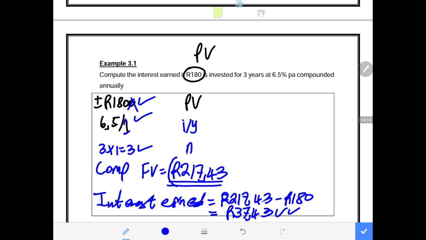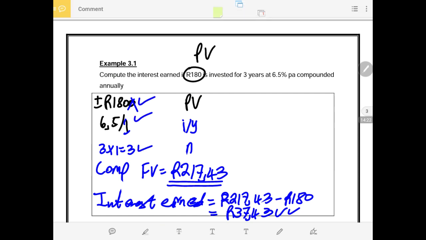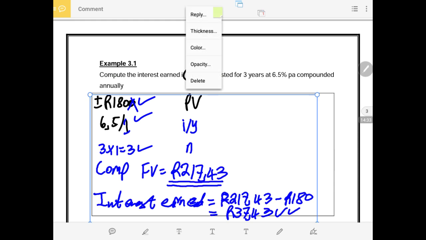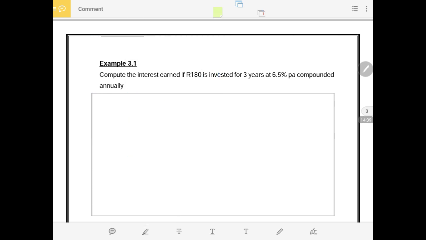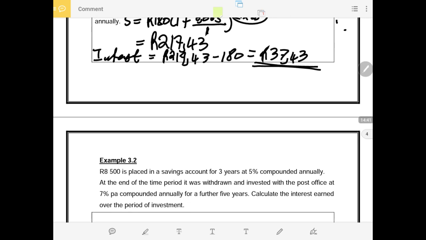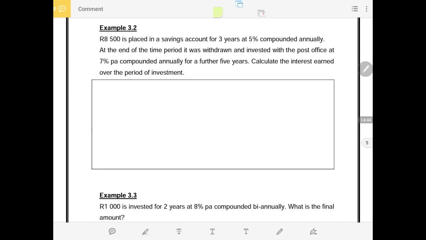So tell us how much will be in the account at the end of 3 years. Then the calculator will immediately tell us that the amount at the end of 3 years will be 217.43, and the difference between what we invested and the future value will be the interest earned over the period of the investment. So now this is just the beginning of how we use the functions of the calculator.